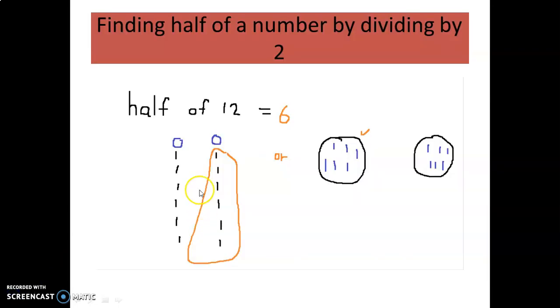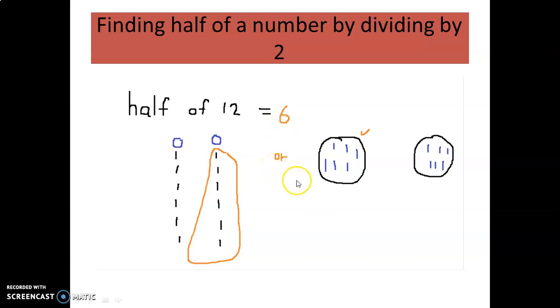Then you circle one side of the balls. After counting, we circle one side of the balls. Then we count the sticks that are on one side: 1, 2, 3, 4, 5, 6. So the answer is 6.